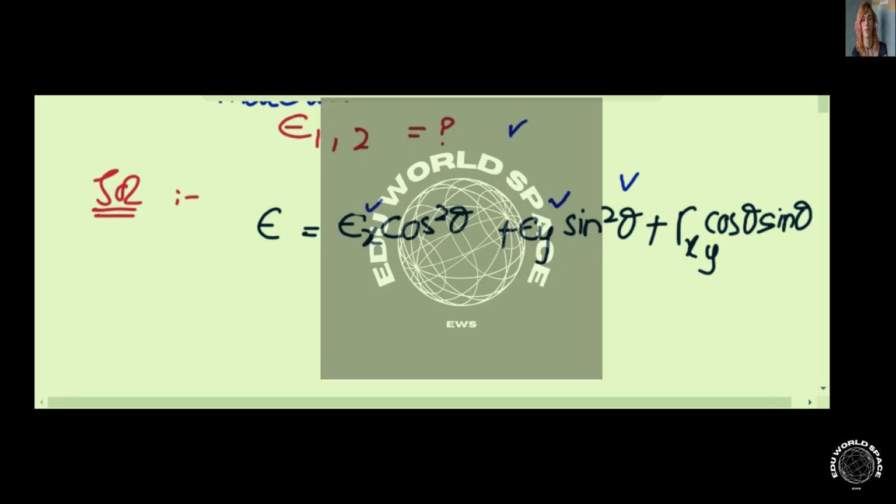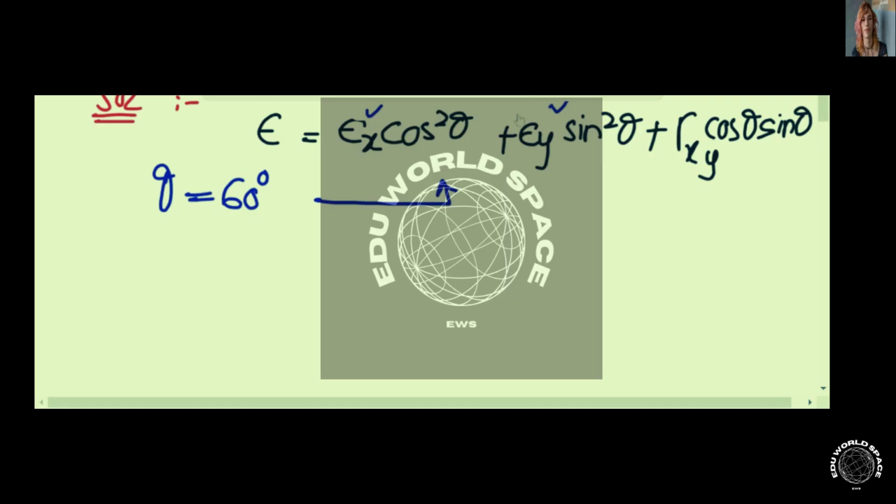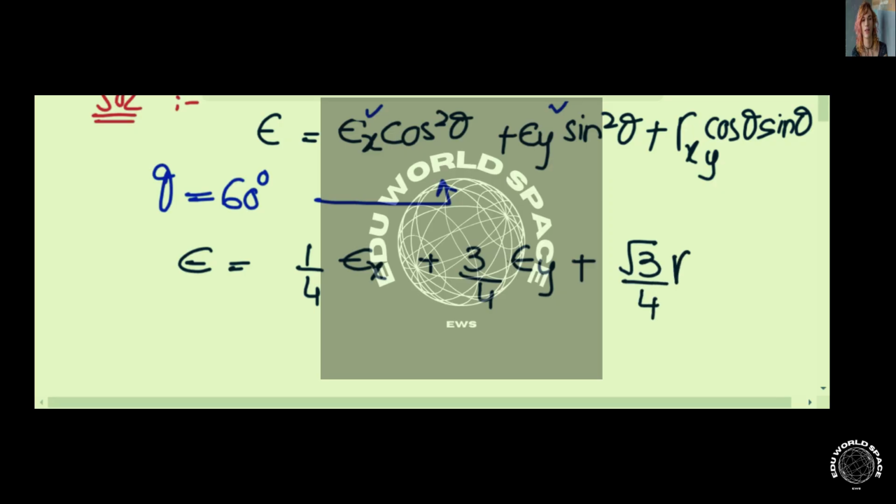We have theta equal to 60 degrees, so we substitute it here. We get that the strain is equal to 1 divided by 4 times the strain in the x direction, plus 3 divided by 4 times the strain in the y direction, plus root 3 by 4 times gamma sub xy.